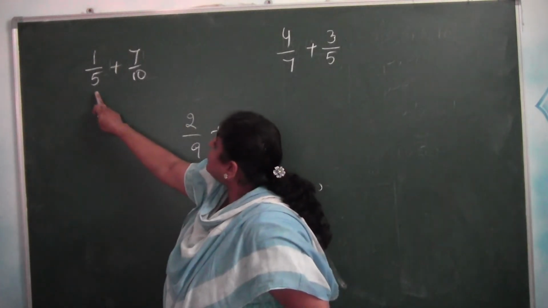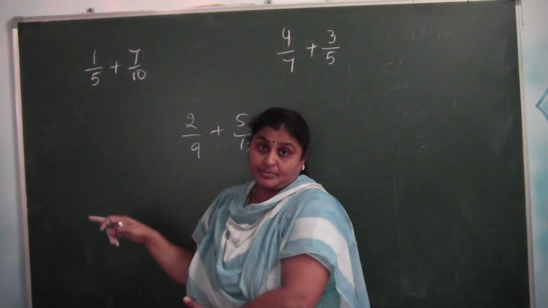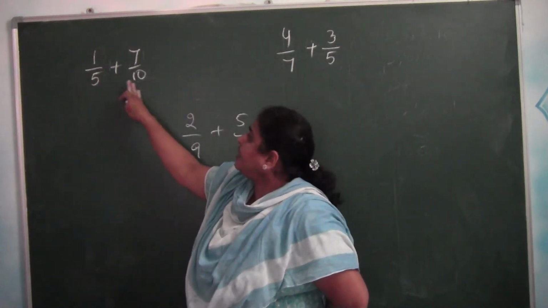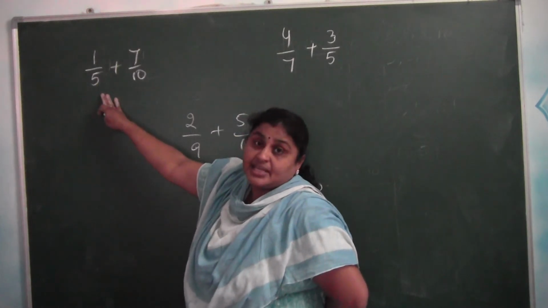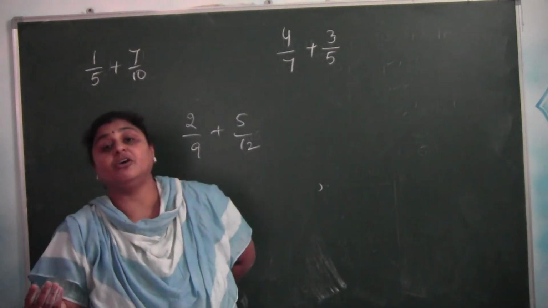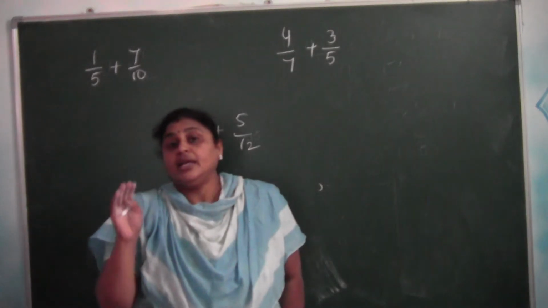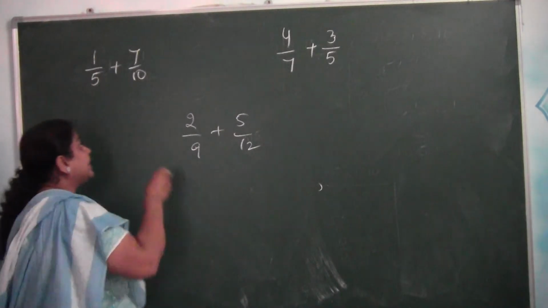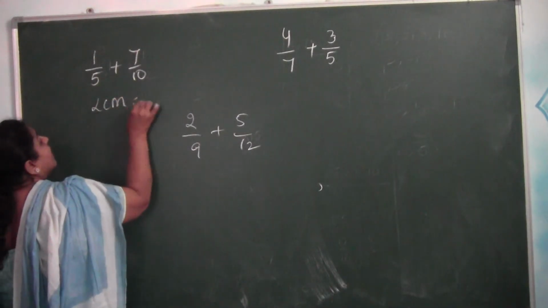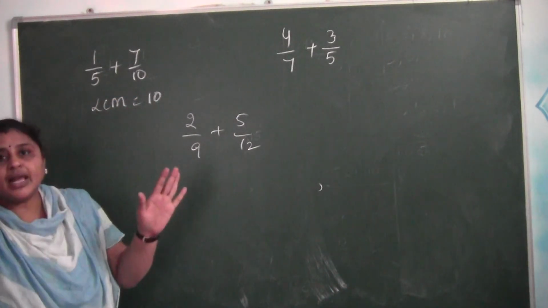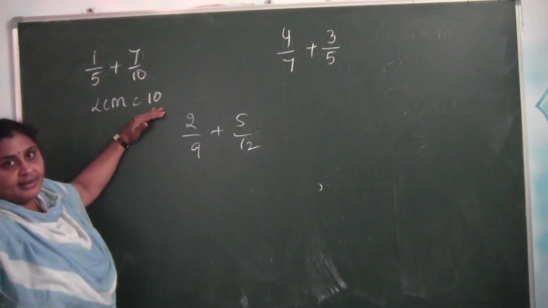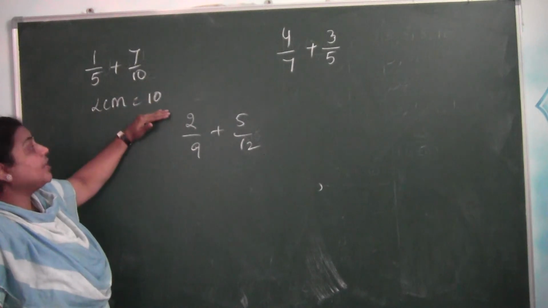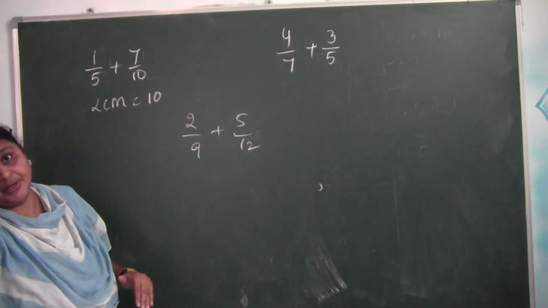Is it not that 10 is a multiple of 5? And in such a case, if one denominator is a multiple of the other denominator, then your LCM is the highest denominator. No need to calculate LCM. Simply you can write here: if one denominator is a multiple of the other denominator, then your LCM is the highest denominator.